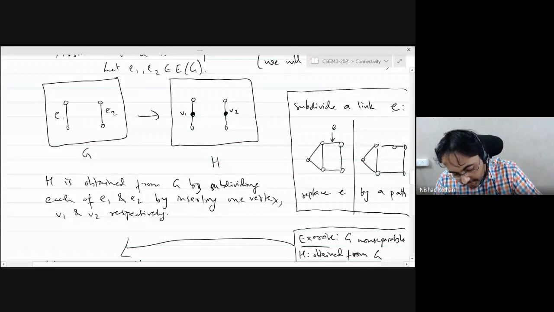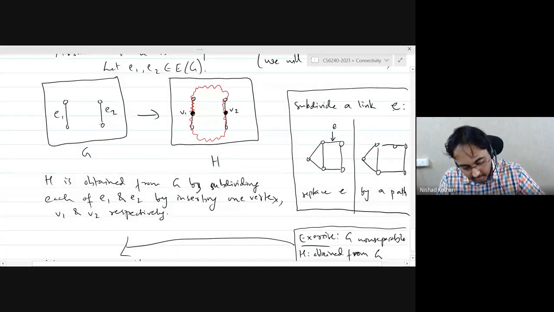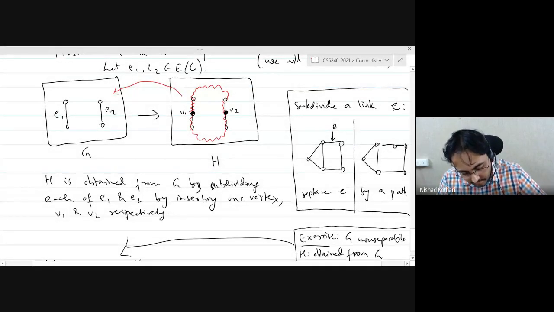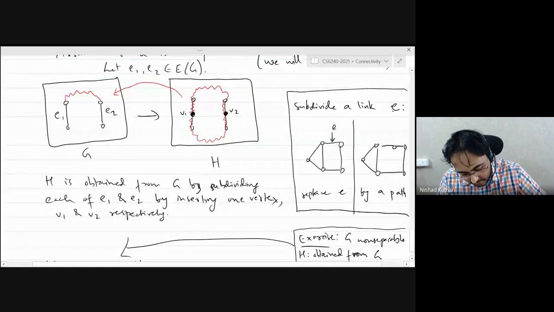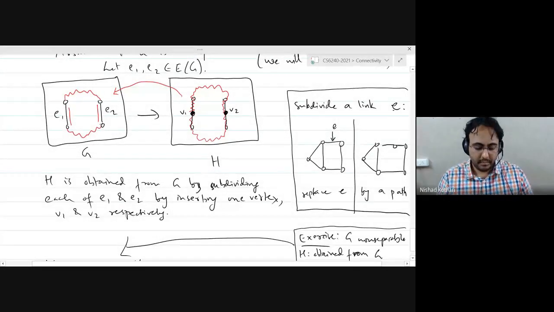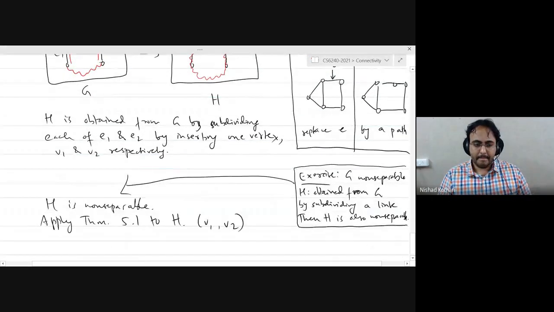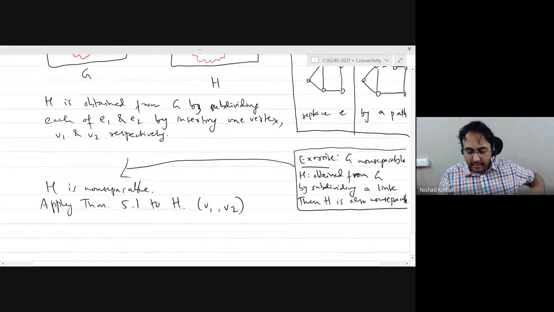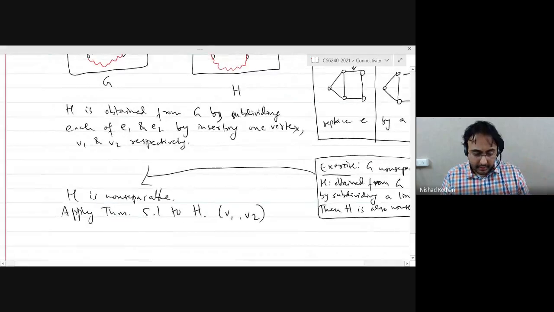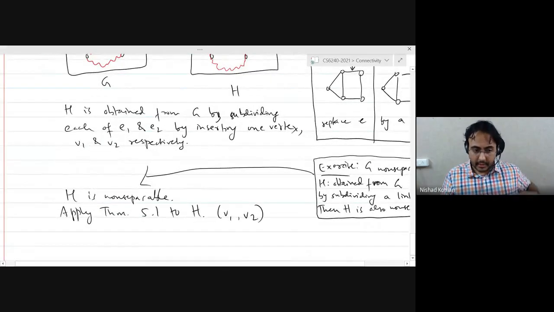But if you find a cycle in H, you can also find a cycle in G, right? Because any cycle in H has to look like this. It has to use those 4 edges. And so if you look at the image of that cycle here, essentially you get a cycle containing the edges E1 and E2. You are really using this exercise, which is that when you do a subdivision operation, the non-separability is preserved.